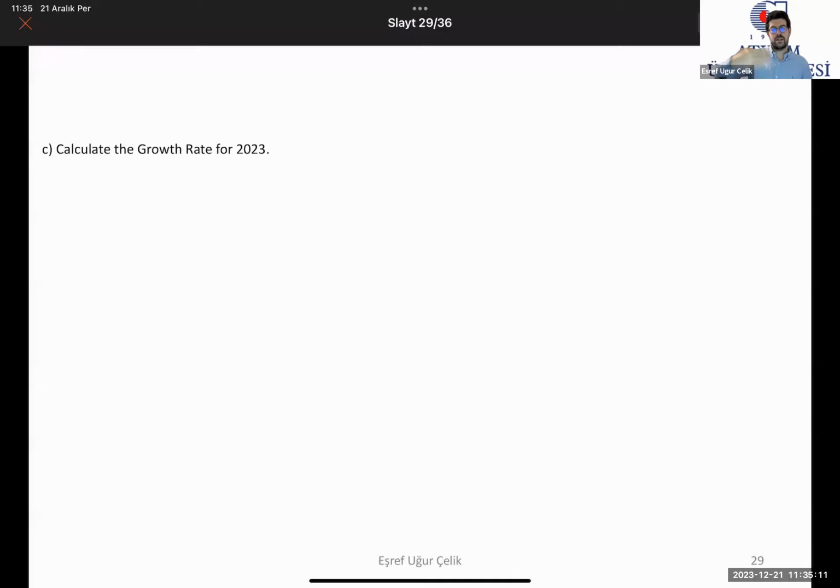Growth is related with production, so we try to understand exactly the quantity changes. That's why we have to eliminate the price effect, and the real GDP does that. So when we talk about growth rate, we choose the real GDP, okay?